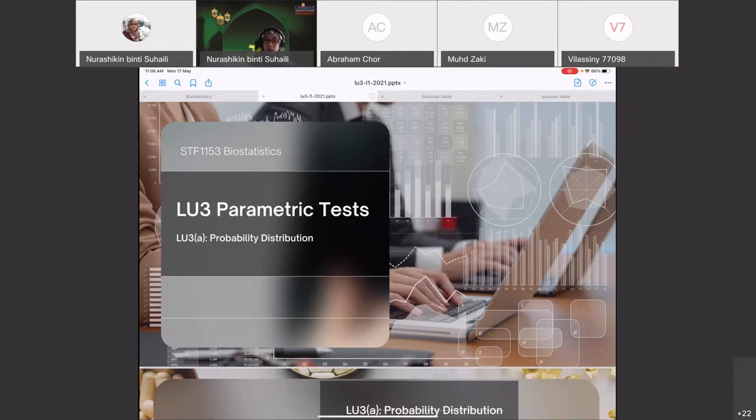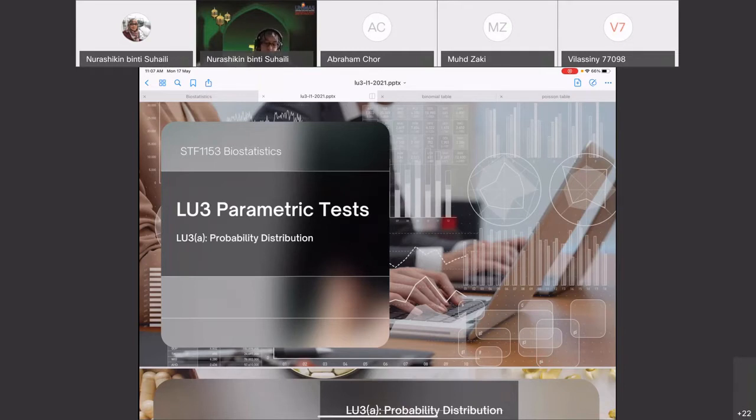If the data are ordinal or nominal, even if they are more than 25, they have to be analyzed using non-parametric tests. But if the data are not nominal or ordinal, but they are less than 25, they are still classified as non-parametric data. For that reason, we have to analyze using non-parametric tests.